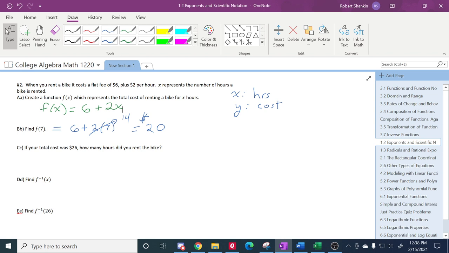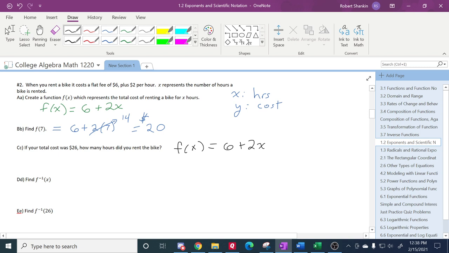Okay, 30 seconds more. All right, on C, the $26 doesn't go in for the x, because that's hours.